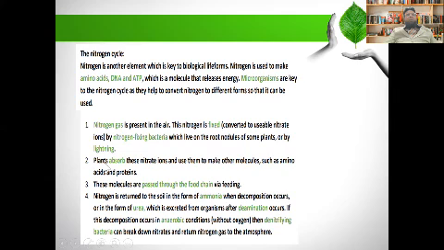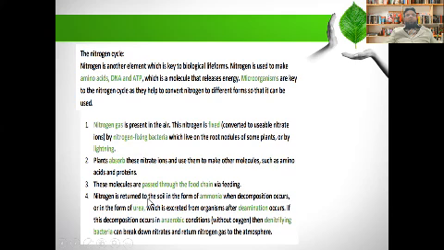Second step, you can see the plant absorbs these nitrates and uses them to make other molecules such as amino acids and protein. So as you know, once the nitrogen is fixed, it is converted into nitrate. This nitrate is utilized by the plants, and these plants make amino acids and protein. These molecules are passed through the food chain via feeding.